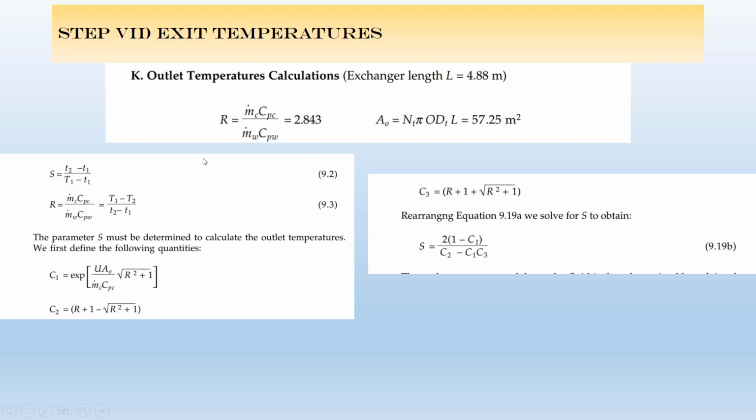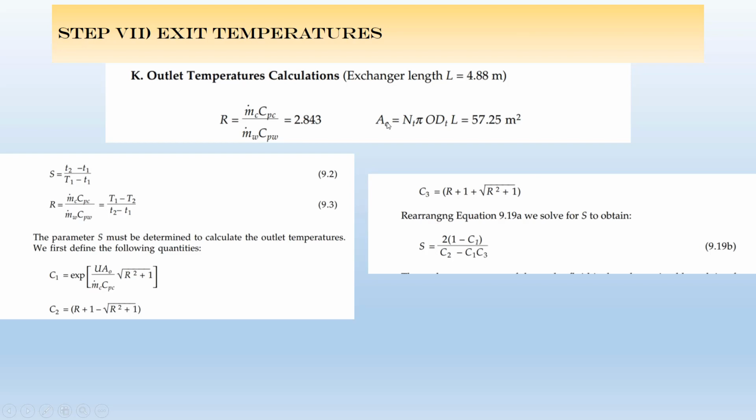So if you remember from the previous lecture, R is the ratio of the m dot Cp for the cold fluid over the m dot Cp of warm fluid. You have all this information. You can find the m dot. Also, you need to find the heat transfer area. Keep in your mind, guys, that this heat transfer area is different from the previous area that you calculated. You calculated the flow area in the previous section for both shell and tube to find the velocity.